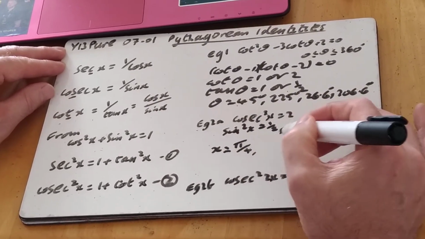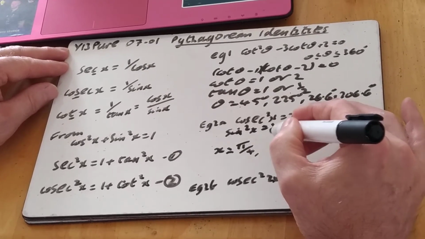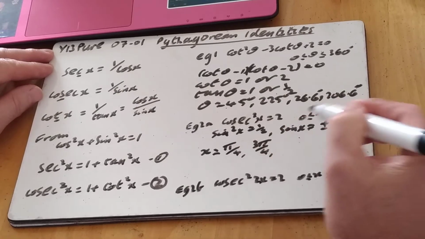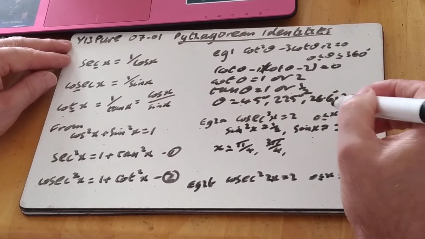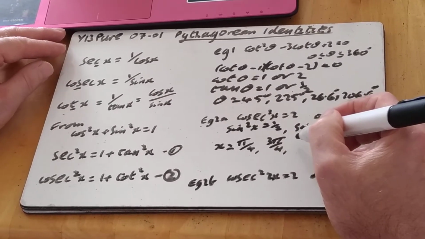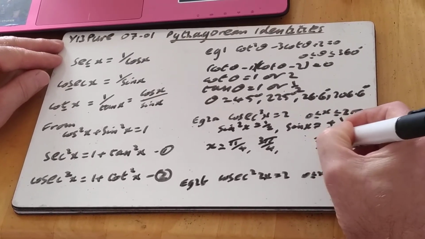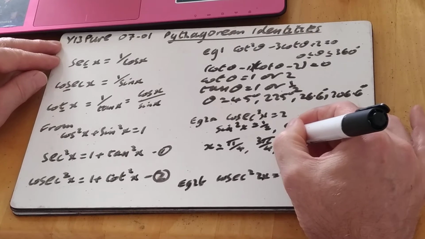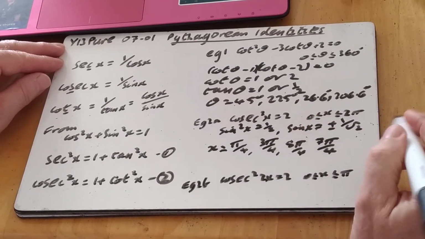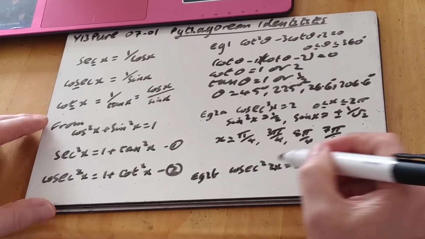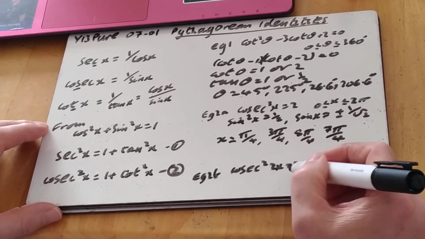To get the other one, they add up to pi, so I'm going to get 3 pi over 4. There's the second one, 45 and 135 degrees. For the minus, it'll be minus 45 degrees, but I'll add 360 on to get, in radians, 7 pi over 4, and the other one, 5 pi over 4. There's my 4 answers.